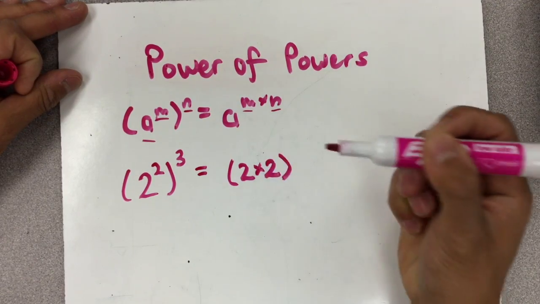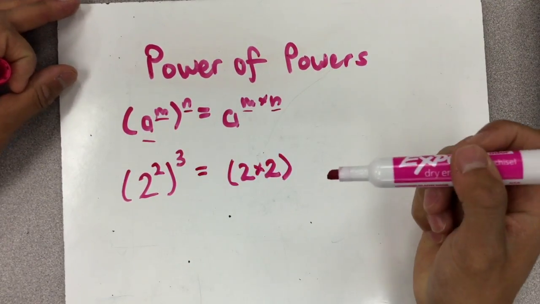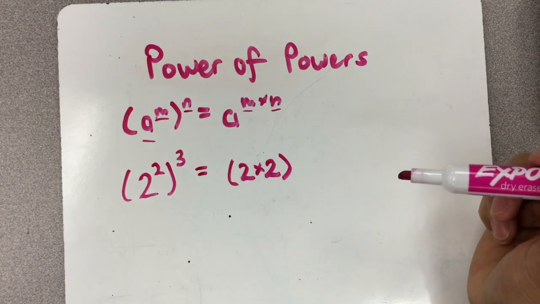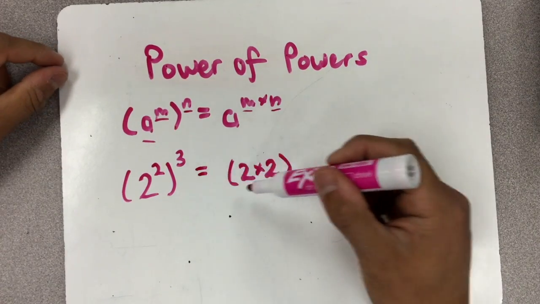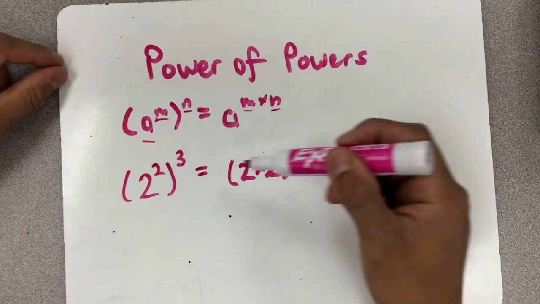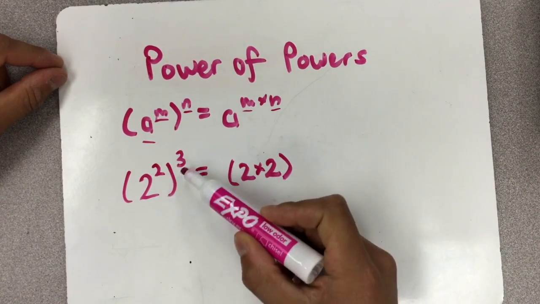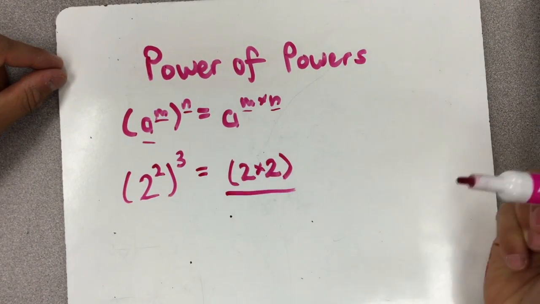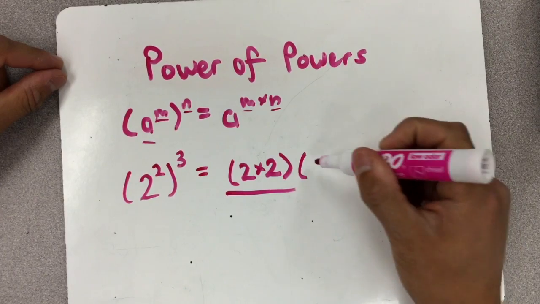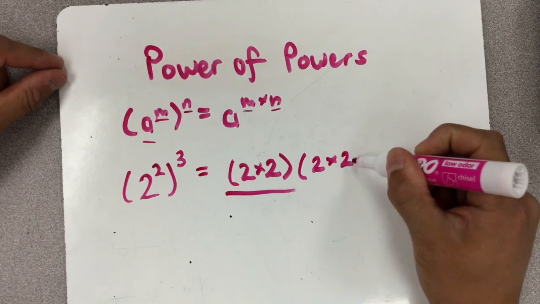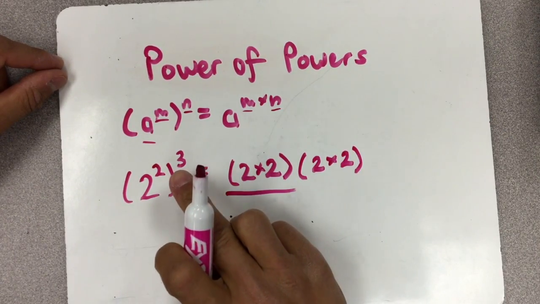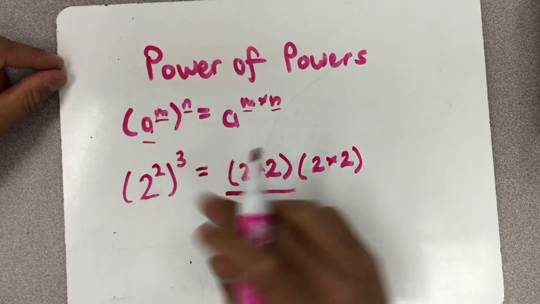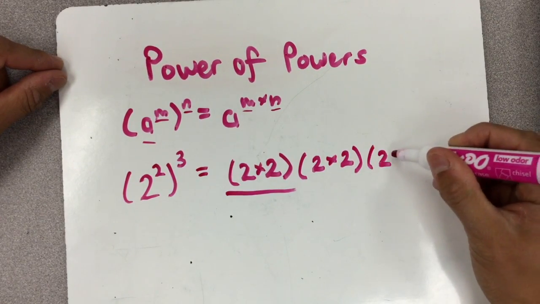But I have another exponent, and again, exponents show repeated multiplication. This tells me that I need to say 2 squared 3 times. So I have 2 times 2, which means I need another 2 times 2, and if I have a power of 3, that means I'm multiplying it 3 times.